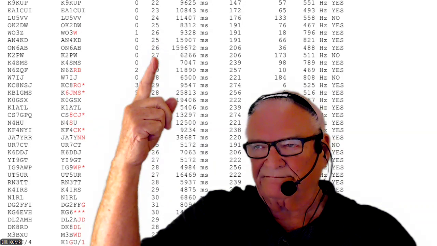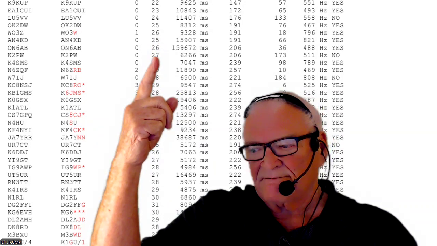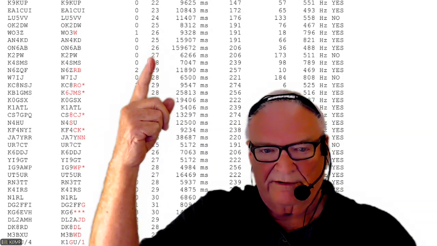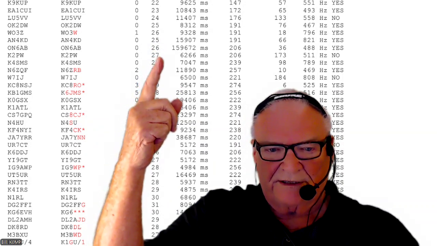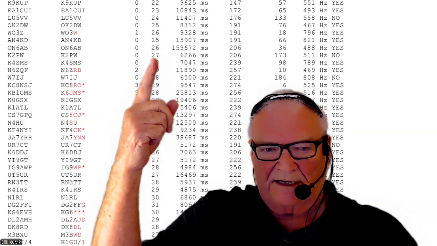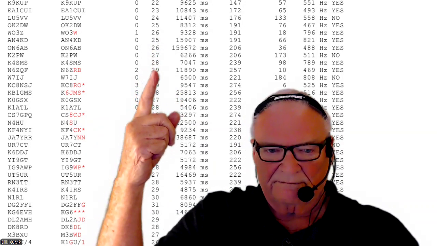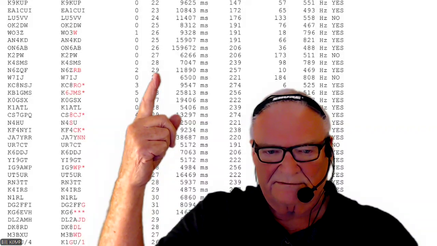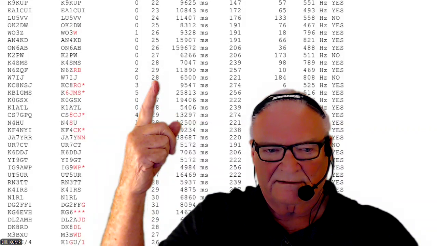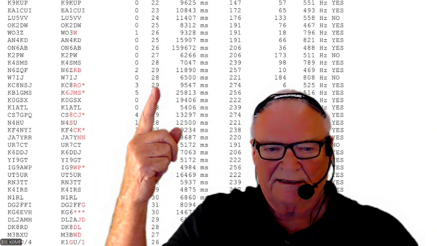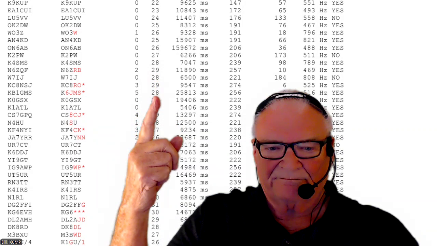This is a separation of maybe 3 or 4 days in between. She broke over it. Okay, so 27, we're in the ionosphere here. 28, and she made a mistake at 29. Went back and had a shot at 29 again, lost it.